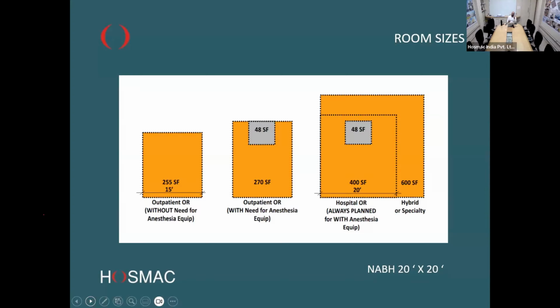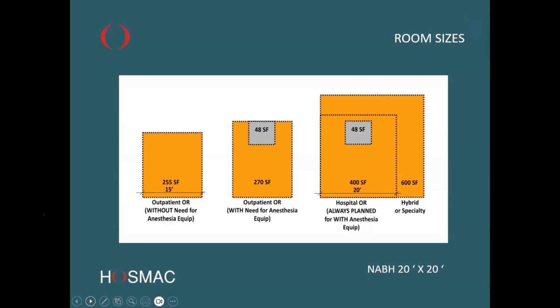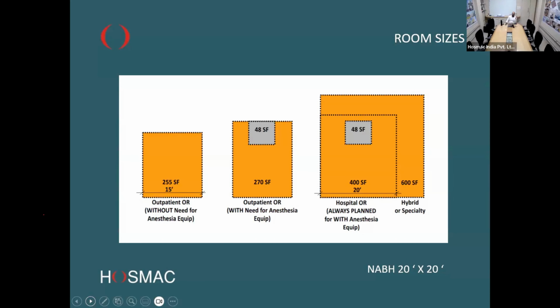These are typically rooms that require a little larger setup. And if you are going to do intraoperative work where you're bringing in some imaging modality like an MR or a CT, then the requirements can even go up to something like 850 to 1,000 square feet. So this is a spectrum within which you work depending on the expectation and the utilization.